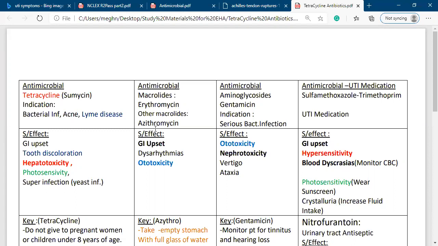Side effects of this macrolide: they cause GI upset, arrhythmias, or ototoxicity. So if your patient has to take azithromycin or erythromycin, as an RN you have to check for hearing loss or any kind of impairment of hearing, or check their pulse rate and respiratory rate.